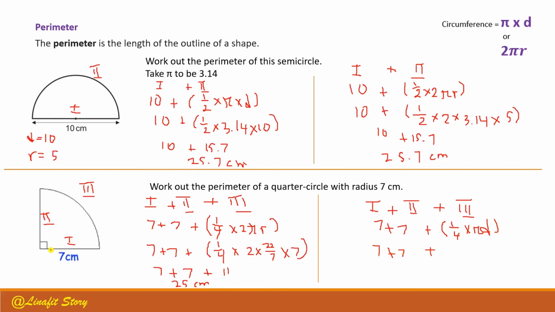The radius is 7 cm. So the diameter is 2 times the radius. 2 times 7 is equal to 14. So 1/4 times 22/7 times 14. 7 plus 7 plus 11 is equal to 25 cm.